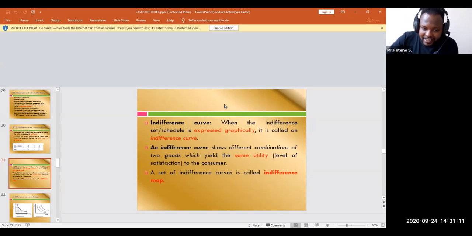A set of indifference curves is called an indifference map. Indifference schedule, indifference curve and indifference map are different: an indifference map is the set of indifference curves, and an indifference curve is a combination of two goods which yield the same level of satisfaction.